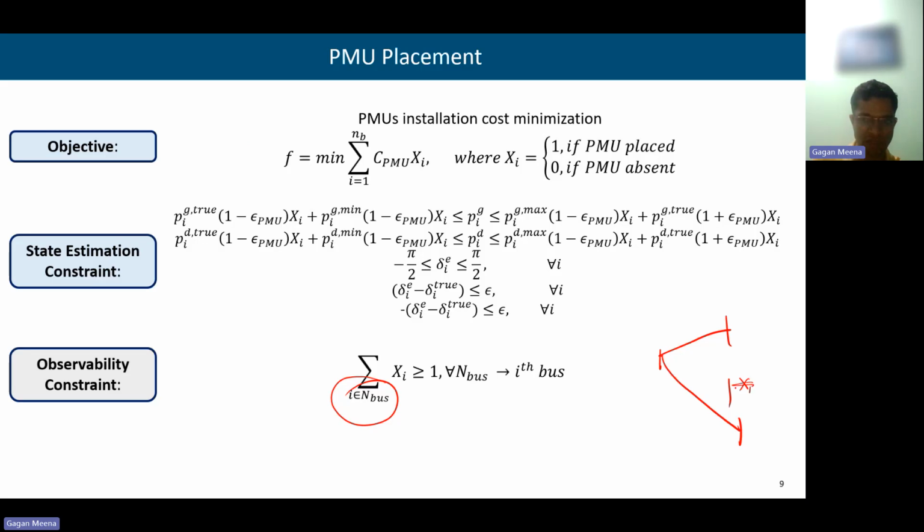But if we want to take care of contingency also, this is X1, this is X2. We can have two PMUs. So this will become redundant. This will take care of n minus 1 redundancy. So the summation of xi is greater than or equal to 2.